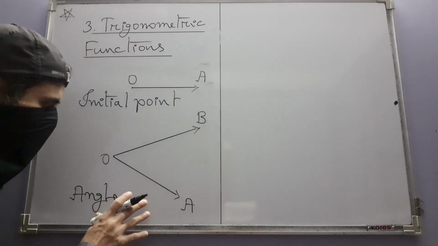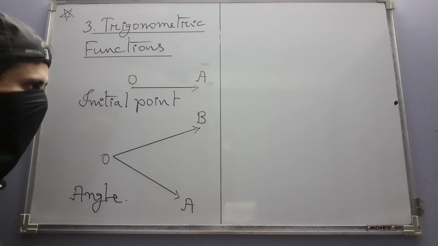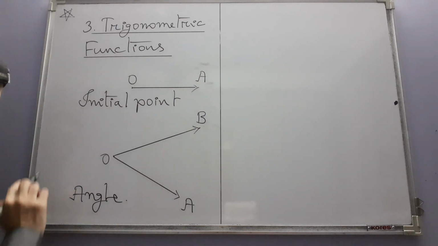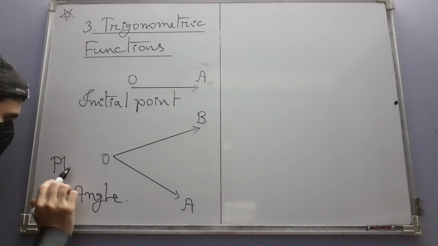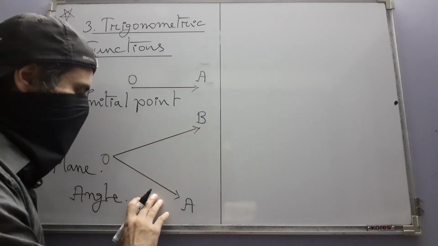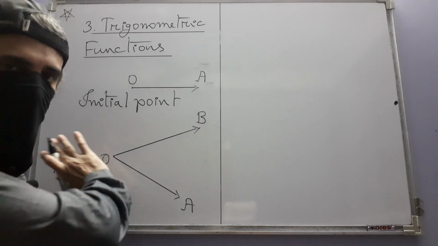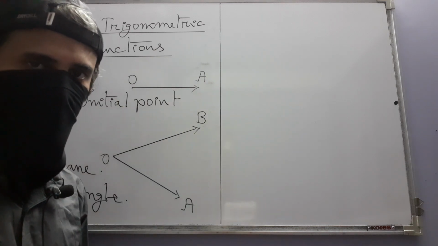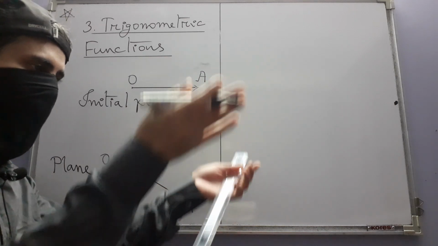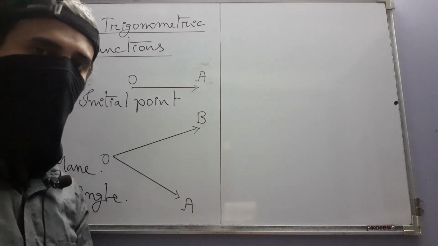Now, such angles are plane angles. They are called plane angles because the rays that form them lie in a single plane. But there are some angles which are formed by two intersecting planes as well.